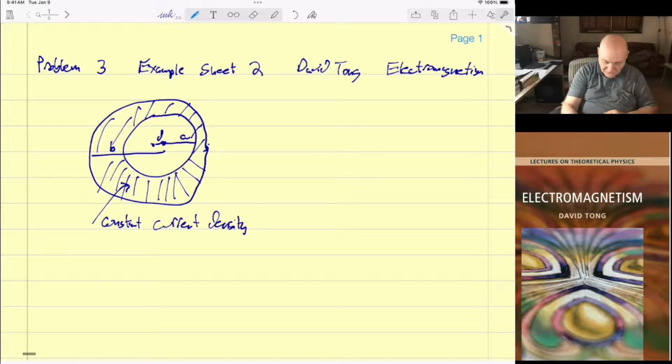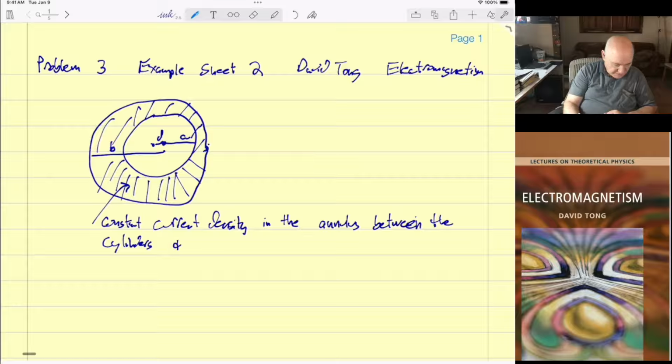We're considering these things as in a vacuum, so you don't have to worry about the effects of any materials. So there's a constant current density in the annulus between the cylinders. And this leads to a current I. So it's a steady current I between the cylinders.